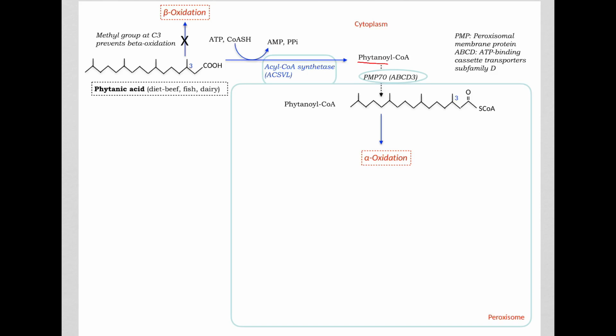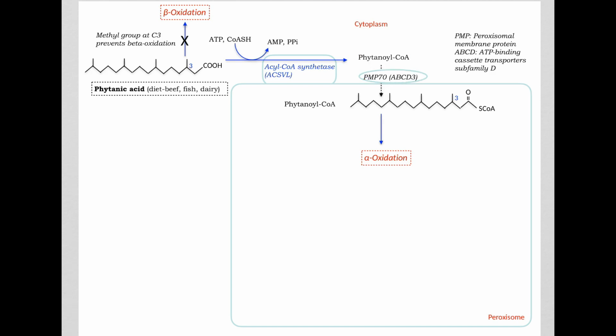The phytanyl-CoA that is formed on the cytoplasmic side is then transported into the peroxisome by a transport protein called PMP70, which belongs to the ABCD3 family of transport proteins.